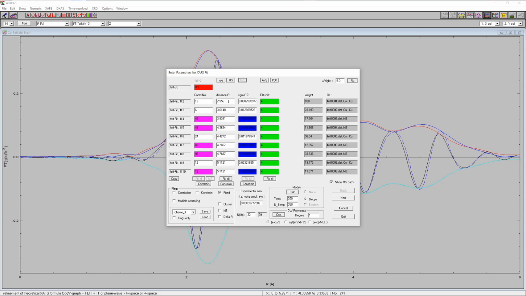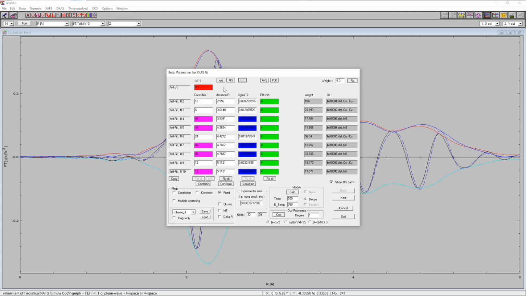So for the distances, we need to correlate the distances in a different way than the multiple scattering button. We do want to refine the distances because we know that the distances significantly decrease here when we refine the theoretical EXAFS function to the spectrum of the copper foil, and even more so when we refine it to the spectrum of the copper clusters. So what are the available options?